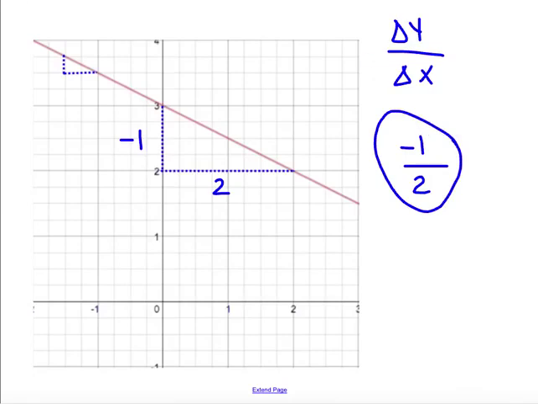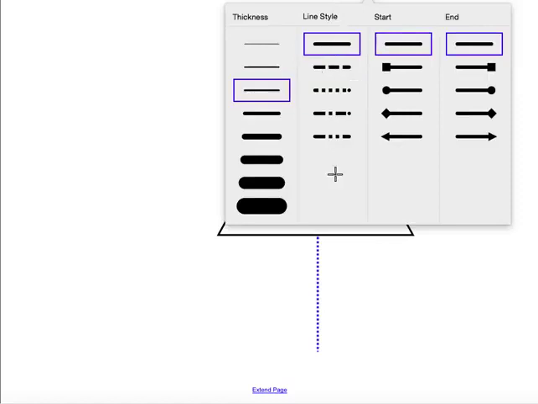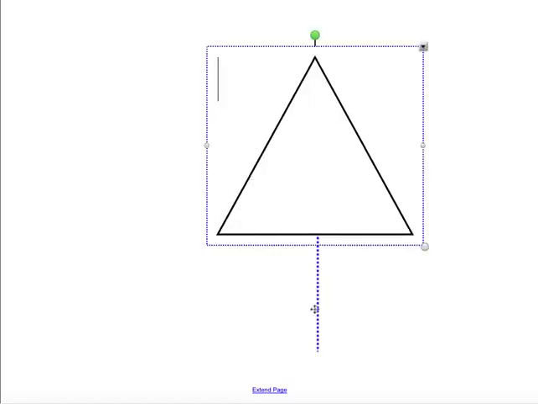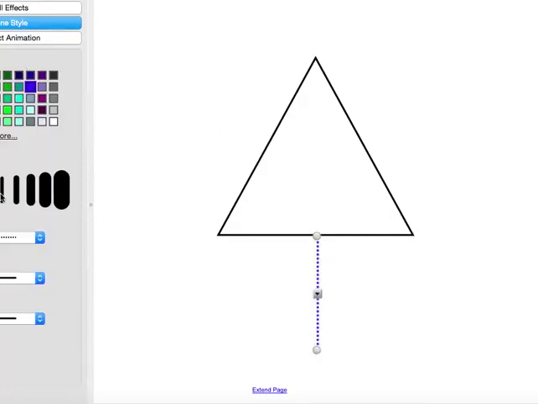And just really quickly, I also want to show you what we've called our slope triangle or slope tree. Our slope tree looks like this. Make this a little bigger. There we go.